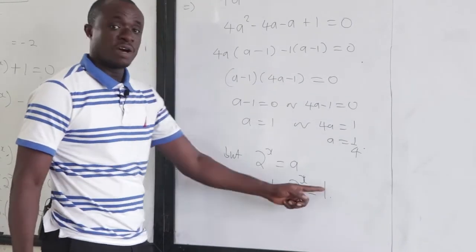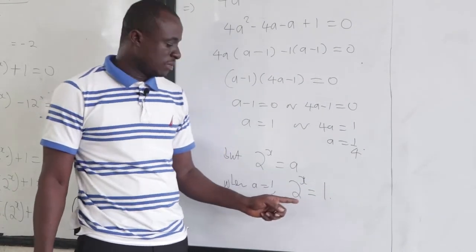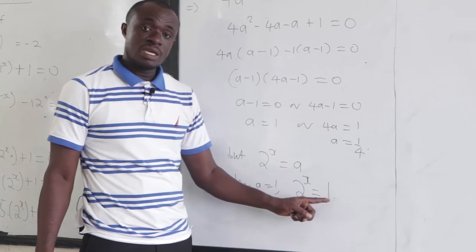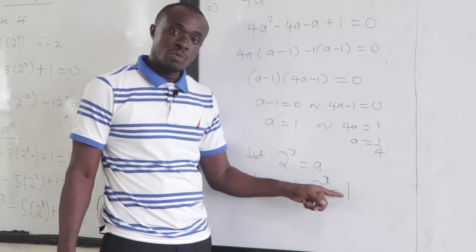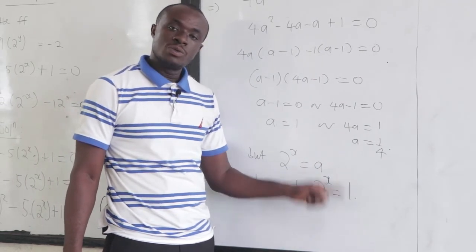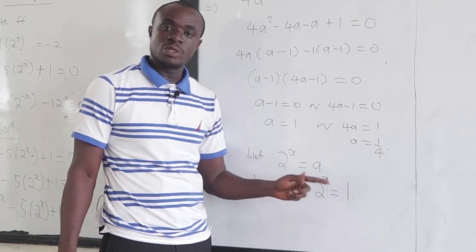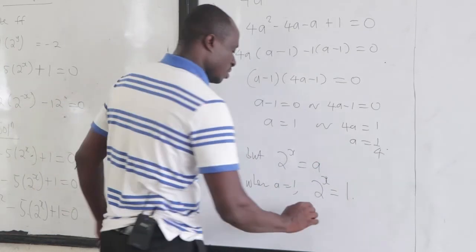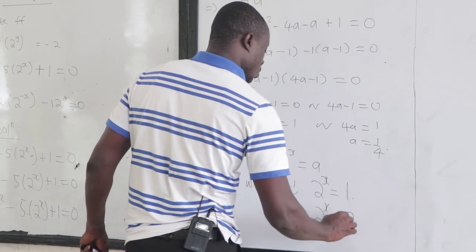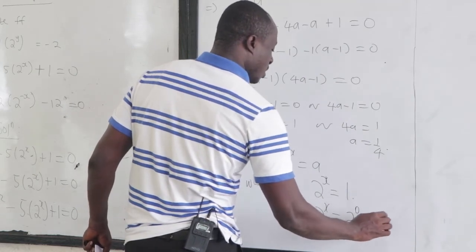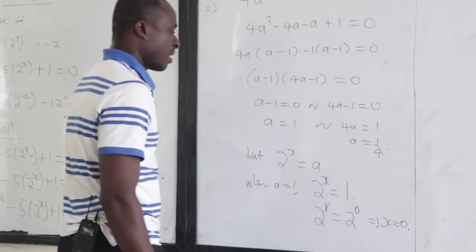Now here, we have to make the bases the same. This is 2 to the power x, and here, definitely, the base should be 2. So 2 to the power what will give us 1? 2 to the power 0 is 1, because any non-zero number to the power 0 is 1. So you have 2 to the power x equal to 2 to the power 0. This implies x is equal to 0.